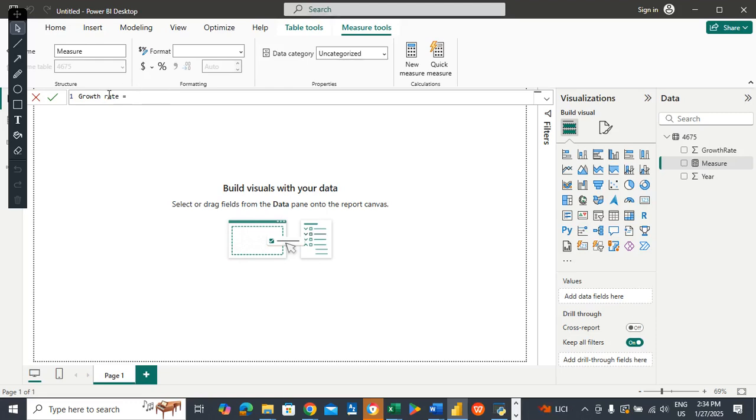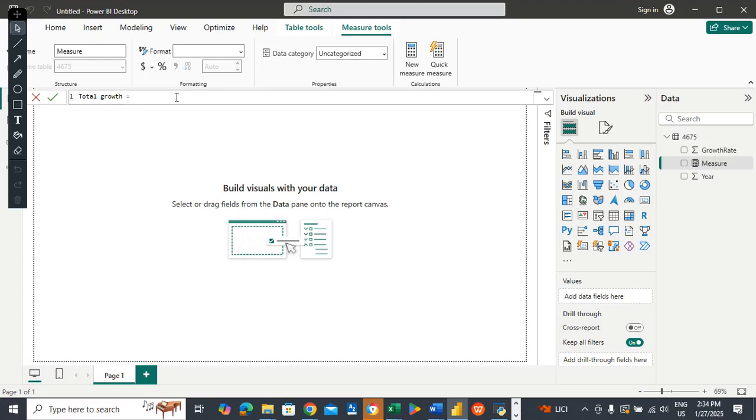So I'm writing growth rate. No, or I would write, say, total growth. Okay, so one thing I could think about is that let's say that you have credit card rates that are being calculated.